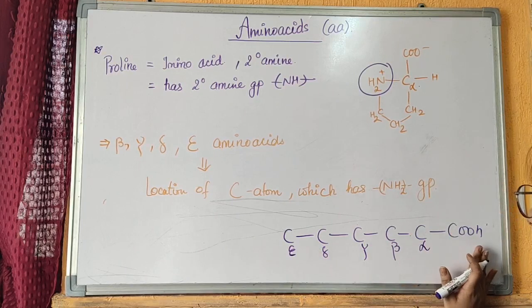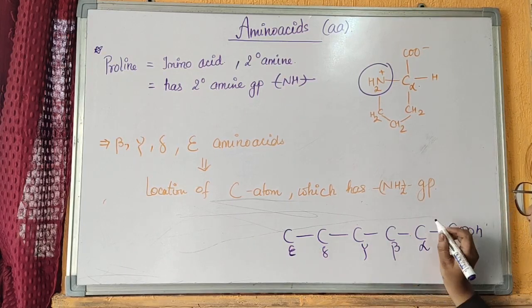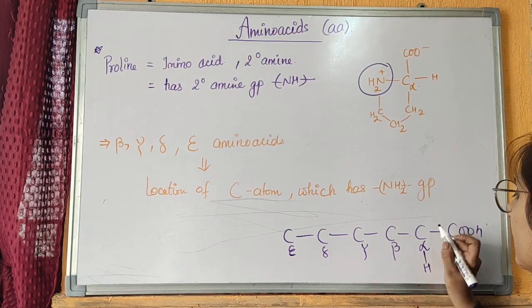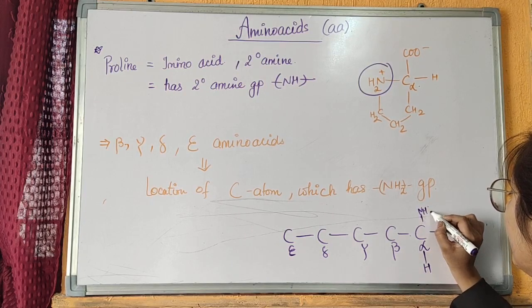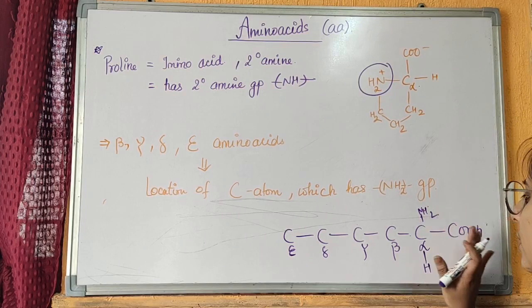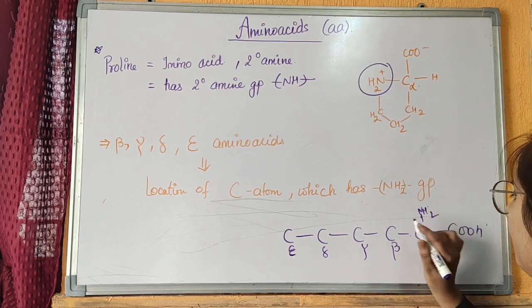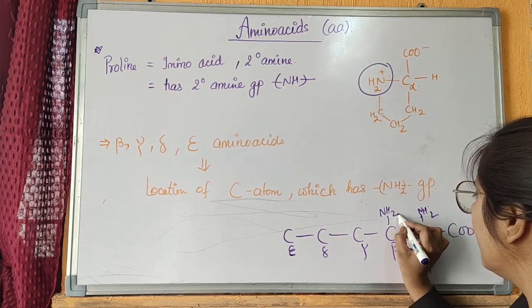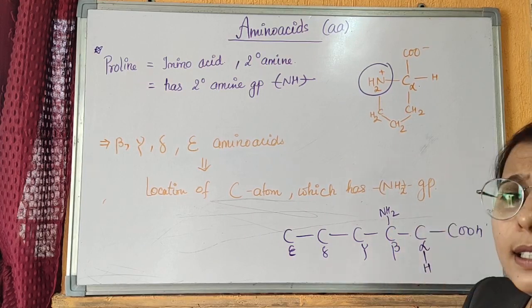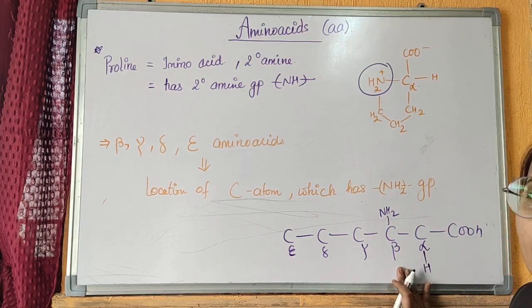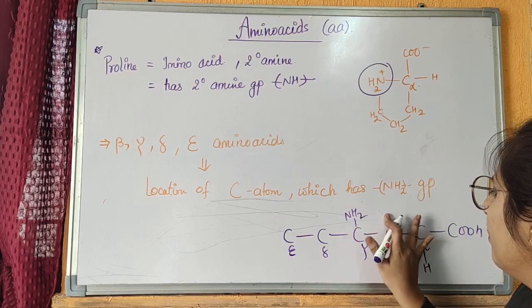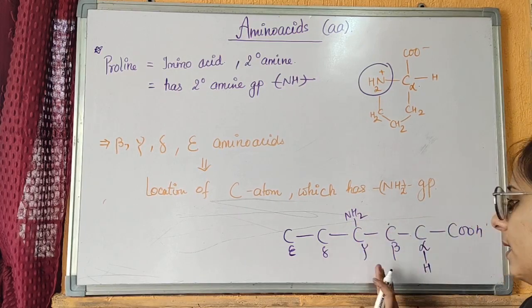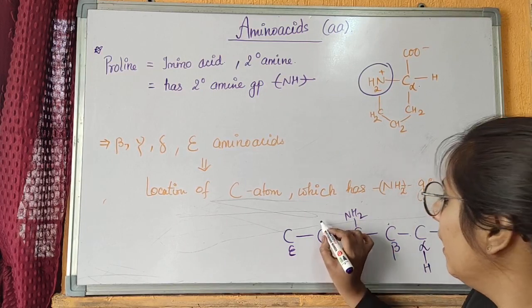If this alpha carbon is bound with the COOH group and it has an NH2 group, then it is called the simple amino acid or the alpha amino acid. If this NH2 group is present at the beta position, then it is called beta amino acid. If it is present at the gamma position, it is called the gamma amino acid.